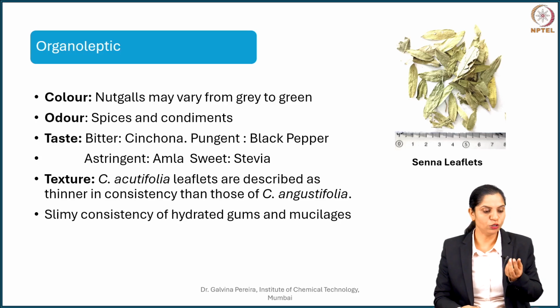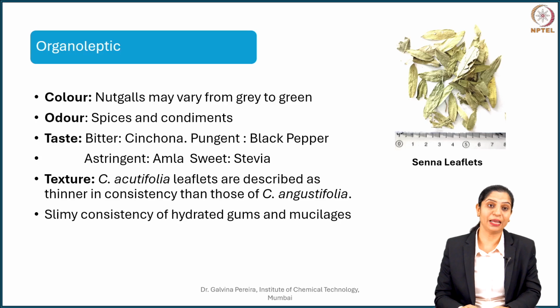The texture also plays a vital role in mucilage containing drugs. Again in senna, if it is a genuine senna leaf, when you add water it becomes a little slimy or soapy, whereas other plant leaves which do not contain mucilage will not turn slimy. So this is about the organoleptic evaluation.